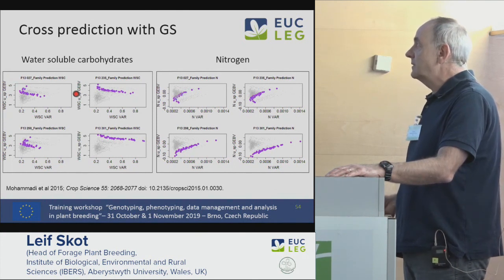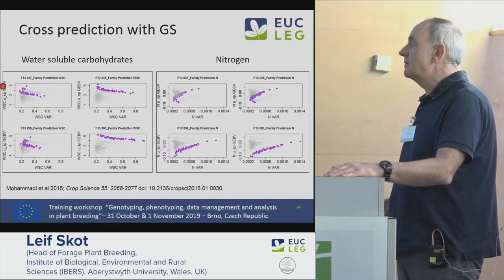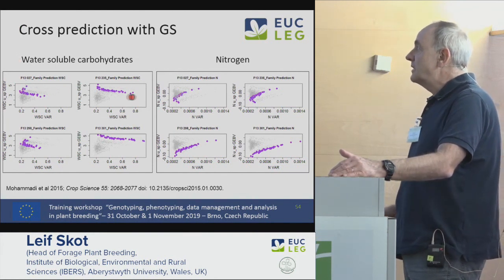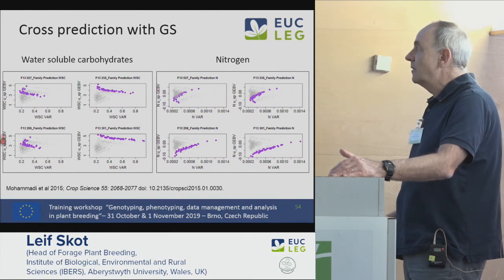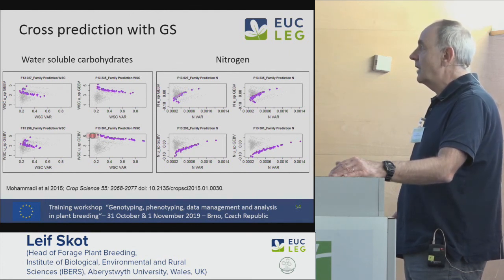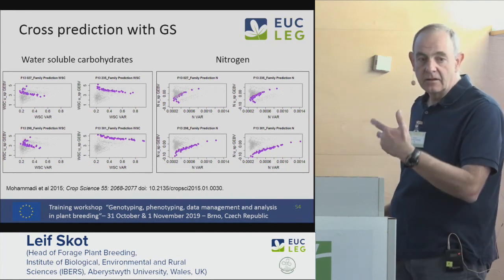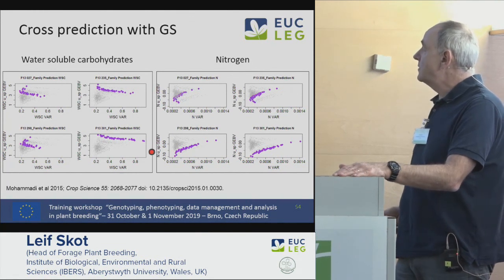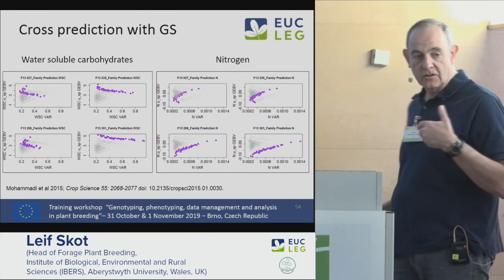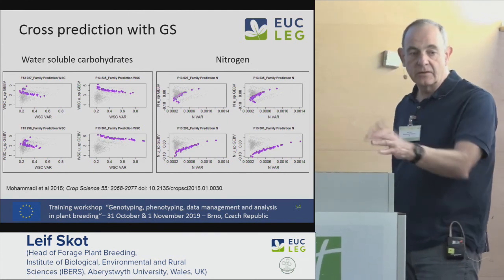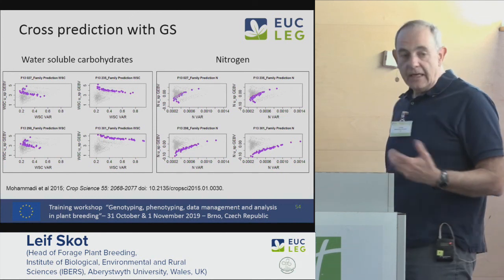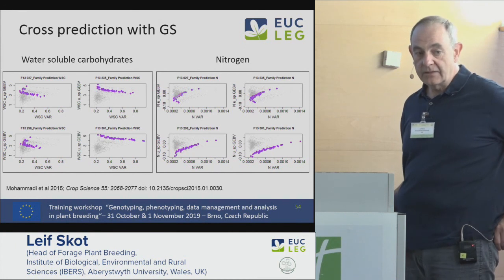The upshot of that, and I can document that with numbers, but this was just to show the graph, is that the mean value of all the potential combinations of these 4 mother plants in terms of water-soluble carbohydrates is on the high side of the spectrum, and it's a little bit on the low side, particularly in these 2 mother plants when it concerns nitrogen, which we measure with near-infrared spectroscopy. So it was just an illustration of what it would have looked like if we had used it then.